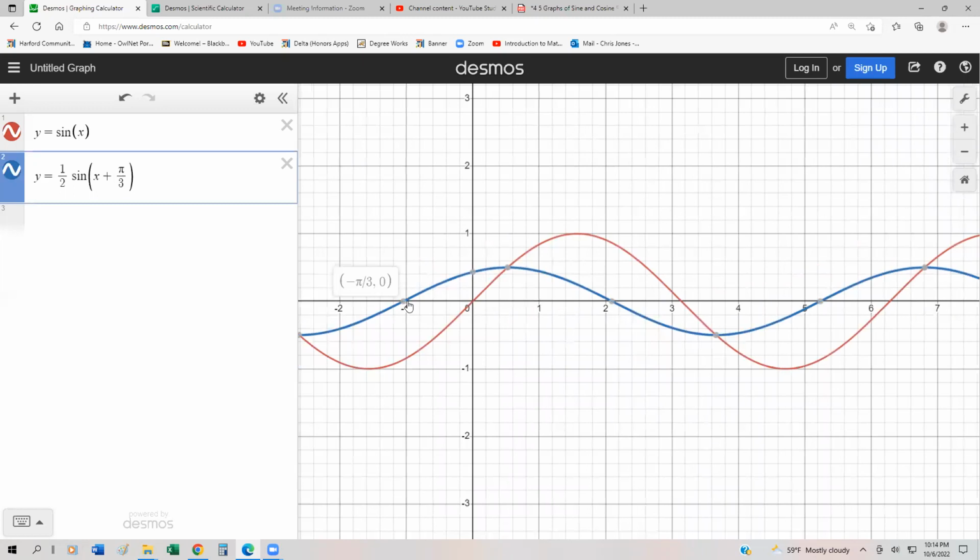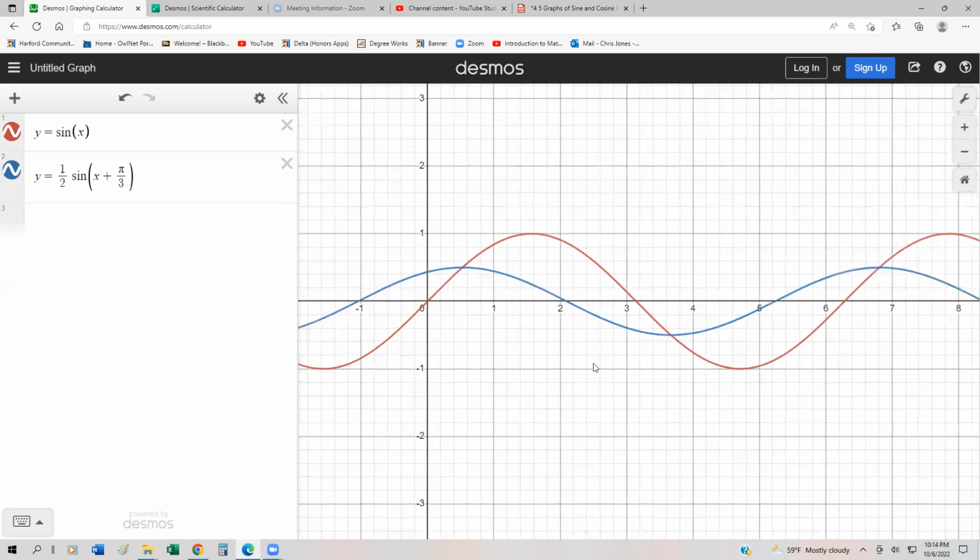Okay, so instead of starting at 0, 0, it starts at negative pi thirds, 0. If I add 2 pi, that's 5 thirds pi, or 5 pi over 3. All right, so over here, this is the end. Okay, so this from here, and I'm going to trace it along all the way over. This is one period from this black dot to this black dot. Okay, and notice that we're not moving it up or down at all.